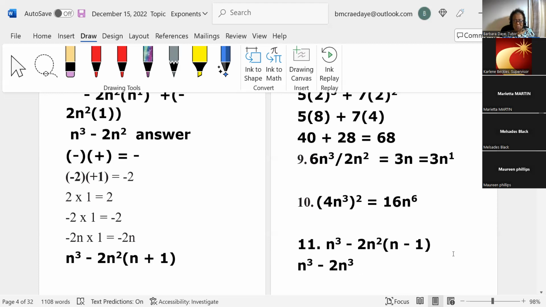Plus. So why are you saying minus? It'll be a plus 2n to the second. So let's just put that here.